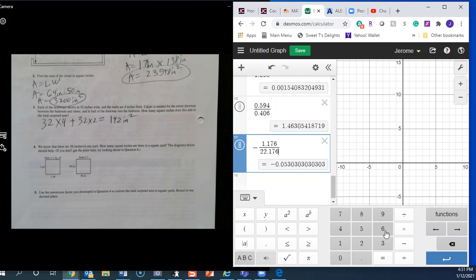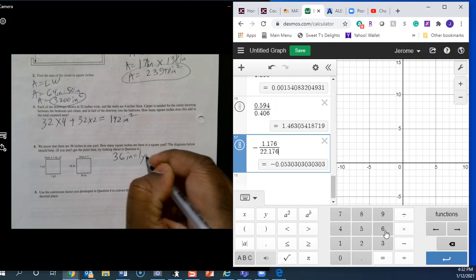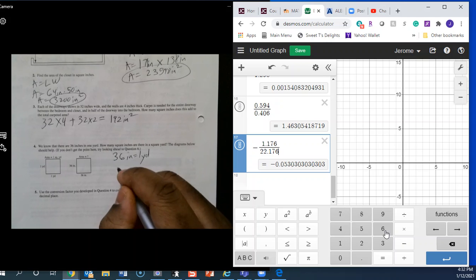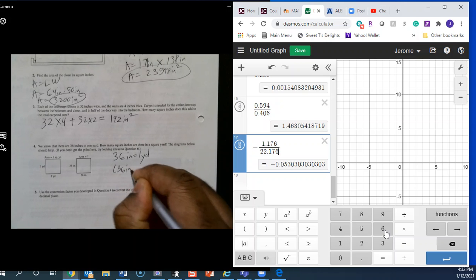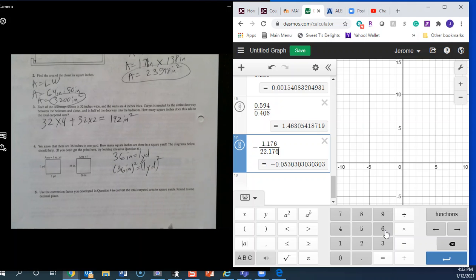Now number 4, we know that there are 36 inches in 1 yard. How many square inches are there in a square yard? The diagrams below should help. Okay, first of all, 36 inches is equal to 1 yard. That was given to us. Now they're asking us how many square inches are in a square yard. So what we could do is we could just take both sides to the second power.